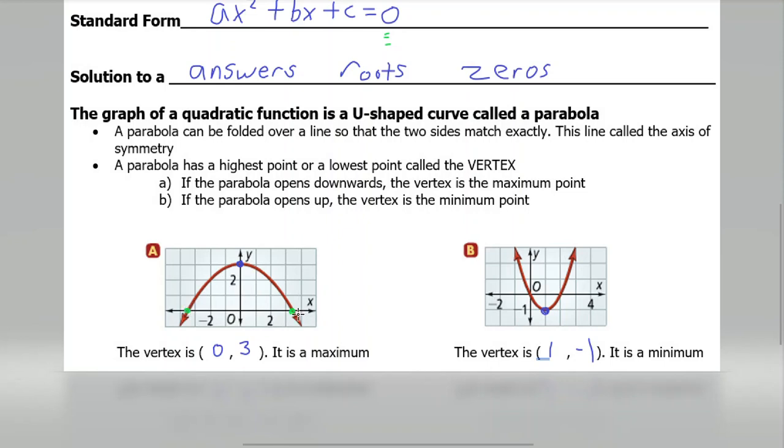So we can look where on the x-axis, and those would be our answers. So the answer to this one would be about -3.5 and +3.5. And if I was going to look for the x-axis on this one, I can see it's here and here. So my solutions to this one would be 0 and 2. So wherever they cross the x-axis is our zero or our root or our answer or our solution to our quadratic function.